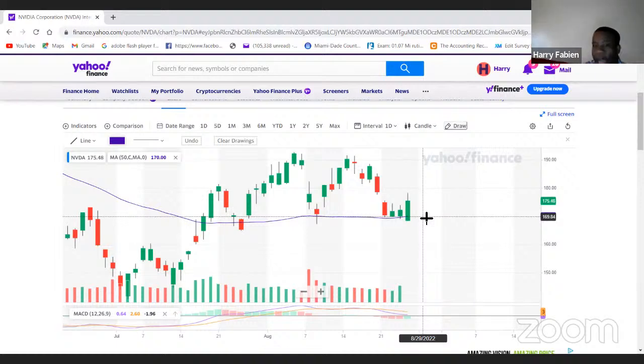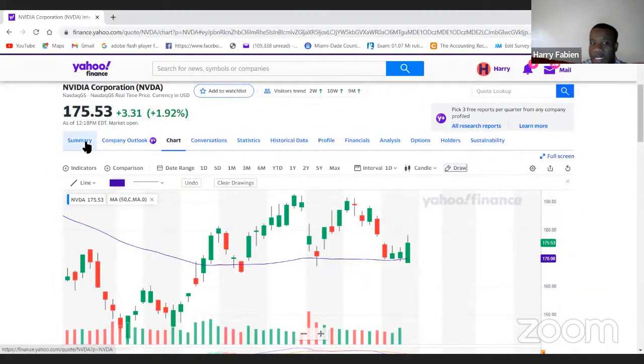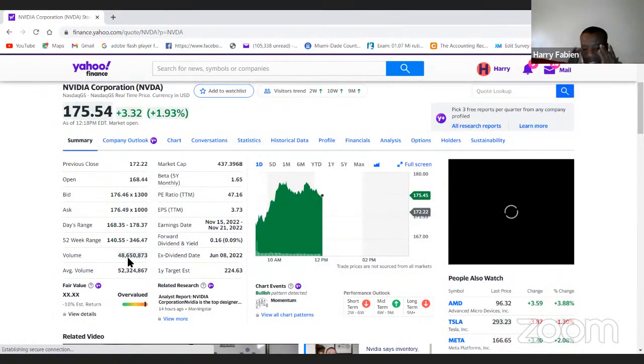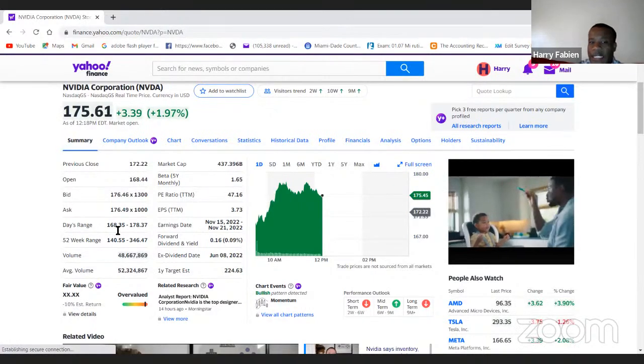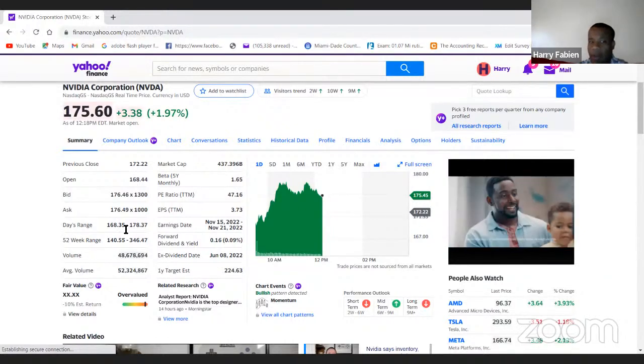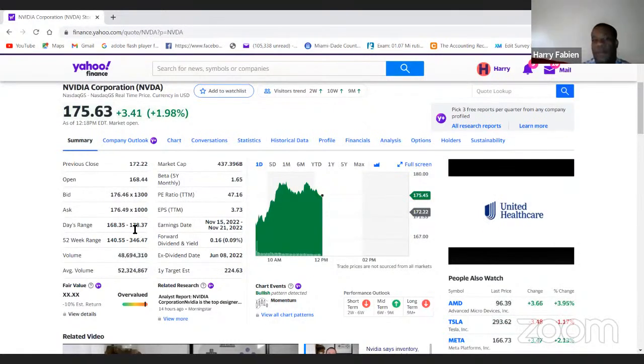So if you opened your laptop or your computer today and you wanted to buy NVDA, like I told you, the only thing you first see is your summary. Your summary says 168.35, which is the bottom line, and 178, that's your top line.